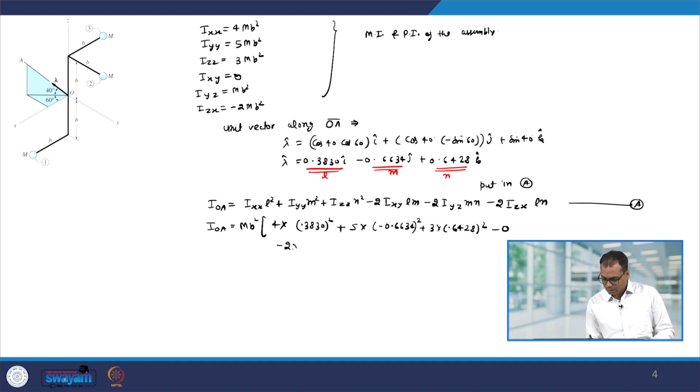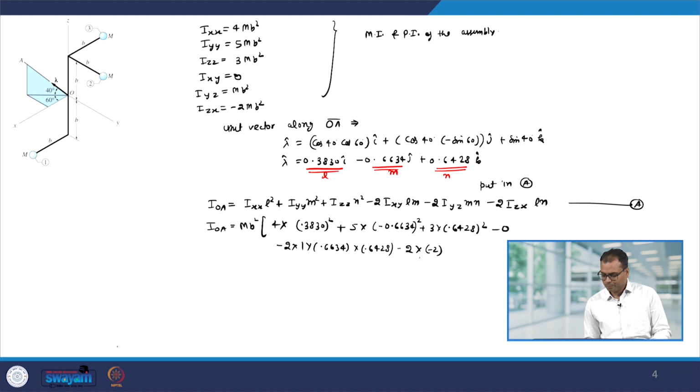And then minus 2 I_yz. So, I_yz is just m b square, which I have taken outside. So, 1 into m into n, where m is 0.6634 and n is 0.6428, minus 2 into I_zx, which is minus 2 m b square.